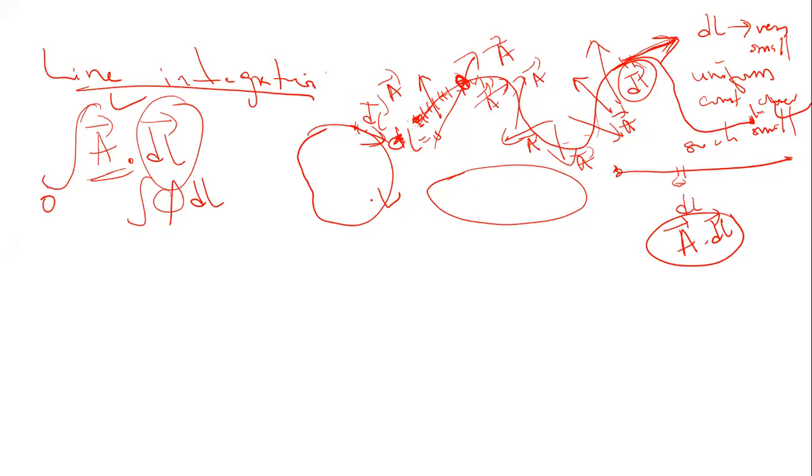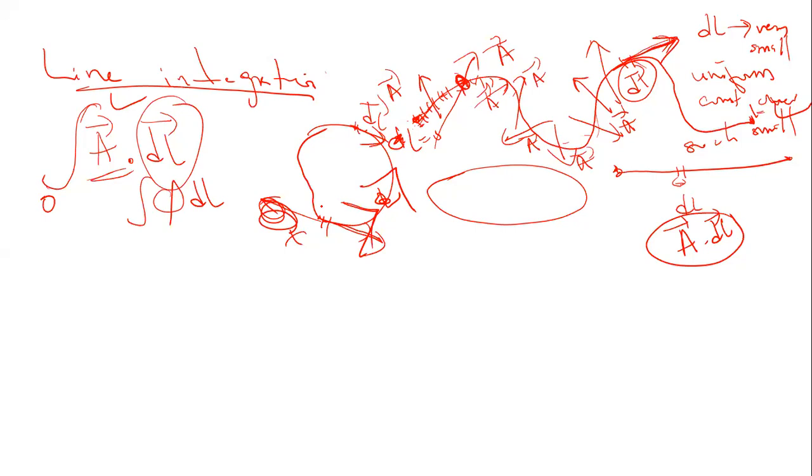But if the integration is to be performed anti-clockwise, you take a line element anywhere along the circle, and you take a tangent along this direction, not along that direction. So along the direction of rotation, or along the direction of integration, that is the anti-clockwise direction, you take a tangent, and the tangent vector at that point will give you the direction of the line element vector. All right, that's how we do it.